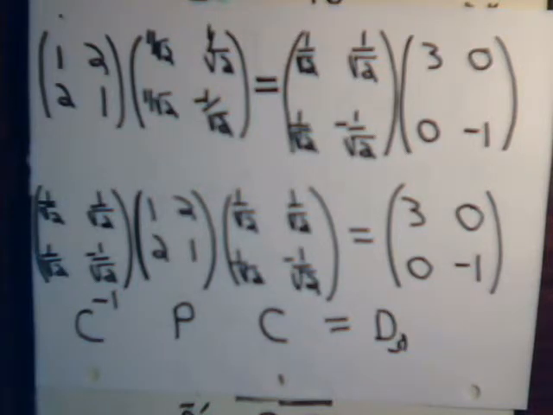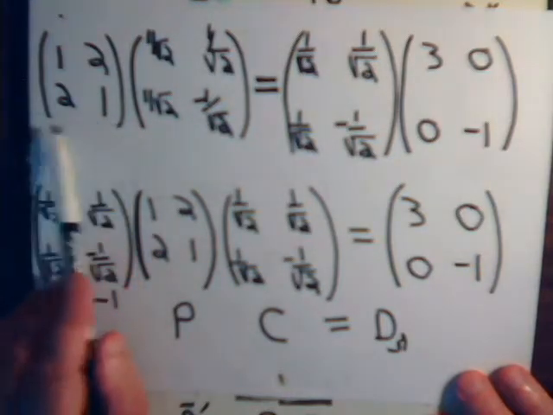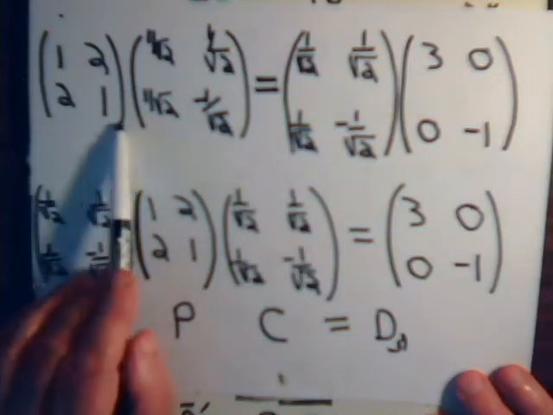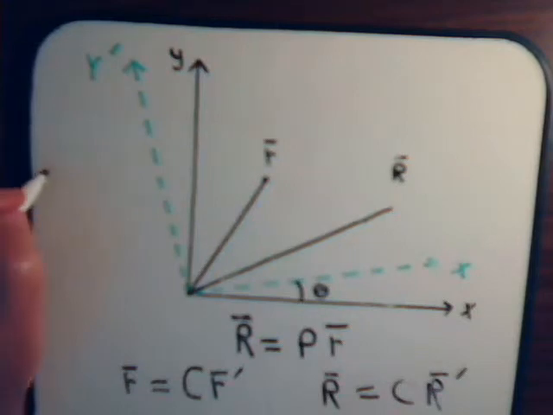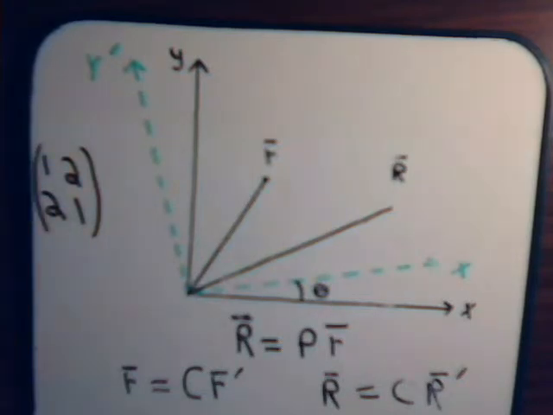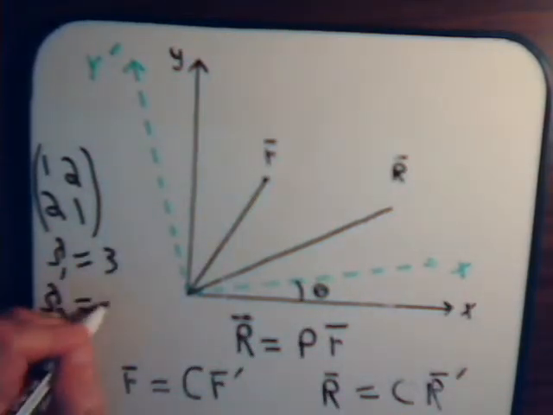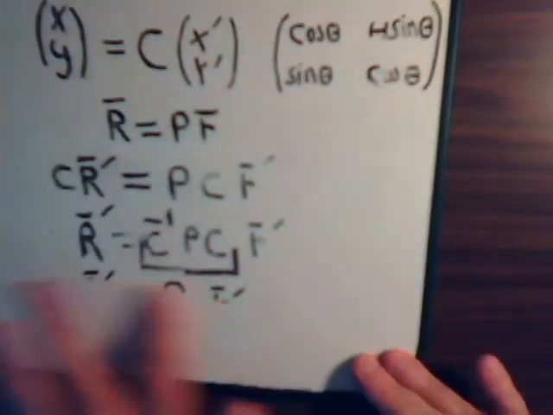So, for this particular problem, when the transformation matrix P is this symmetric matrix right here, just write it up here, P is 1, 2, 2, 1. Well, once we find out what its eigenvalues are, then this equation here, we know immediately what it is.